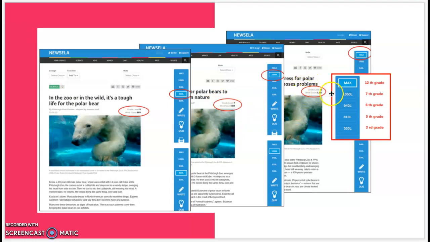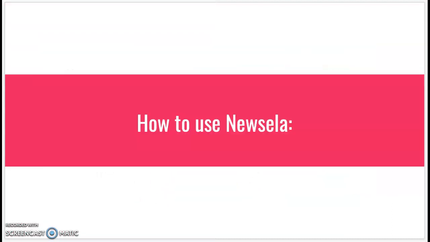And then here they clicked max, which was 12th grade, and the word count was 1257. And as you can see, it is all the same article. So all of the students will be learning the same thing, but at their own personalized reading level. So now we are going to look at how teachers can use Newsela.